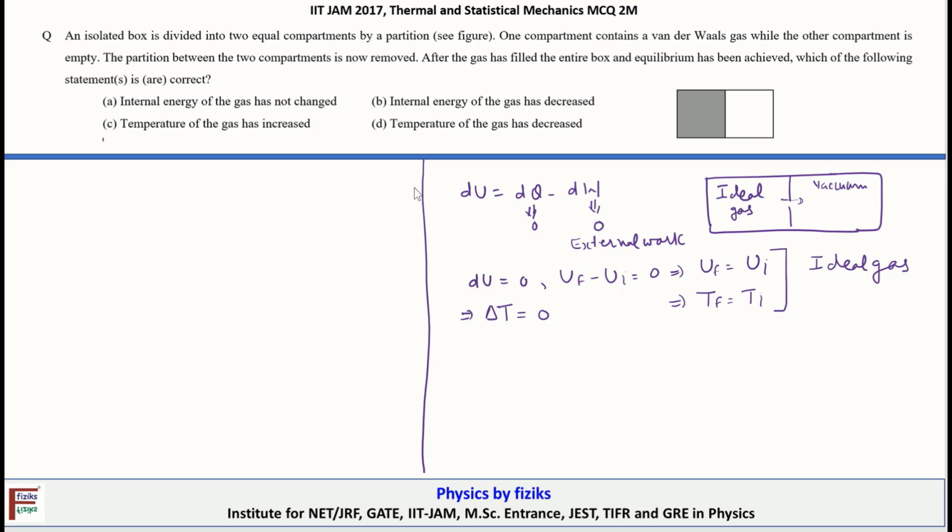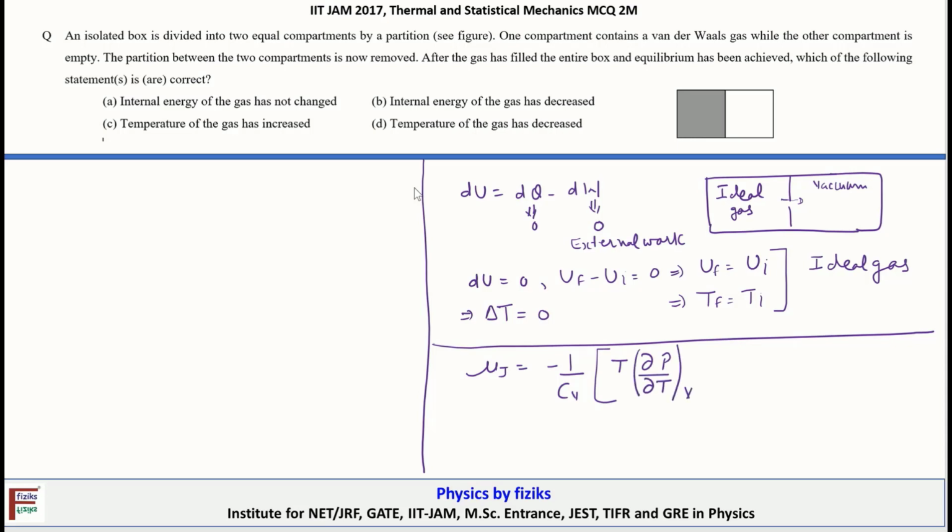This process is also known as free expansion, and the corresponding temperature change is measured in terms of the Joule coefficient, which is given as mu J equal to minus 1 by Cv, and then T dP by dT at constant volume minus P. That's the Joule coefficient.